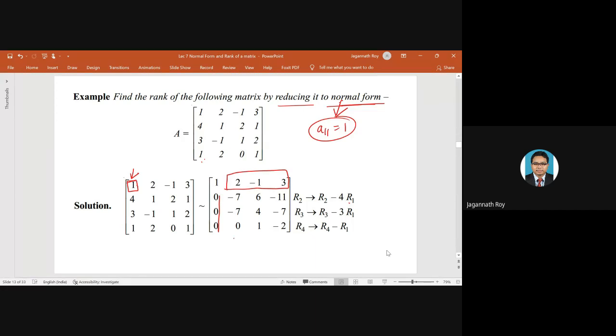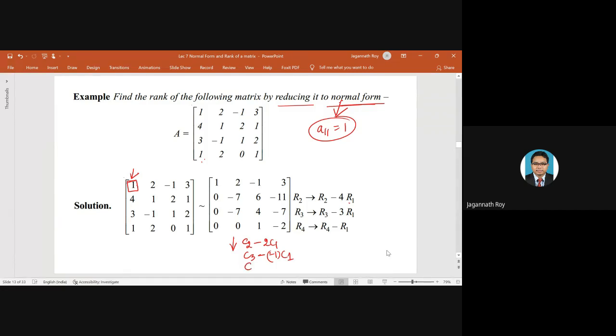So next, C2 minus 2 times C1, then C3 plus C1, or you can write it as minus of minus 1 C1, that means we are adding.